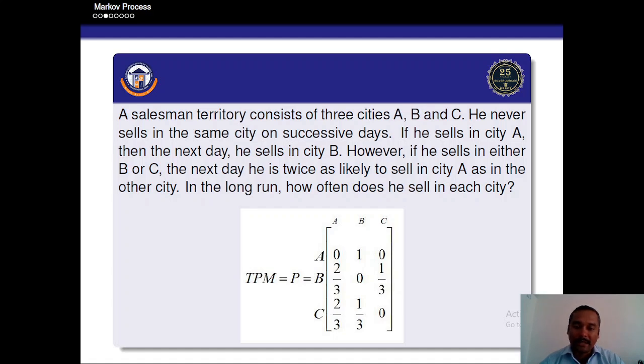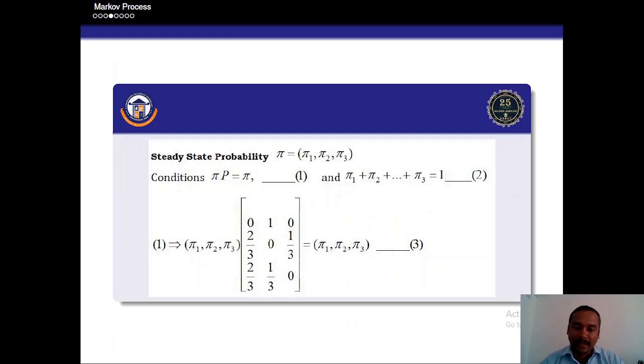Now apply the steady state distribution to this TPM matrix for calculating the probability of selling in each city. So this is the condition for steady state probability. It is the steady state vector. There are 3 states, so use 3 values, pi 1, pi 2, pi 3.